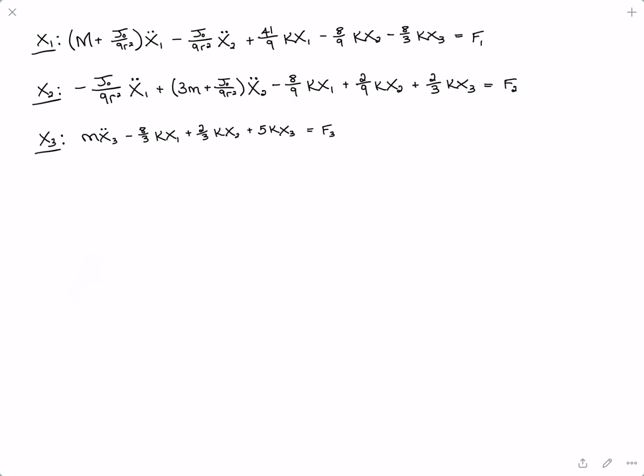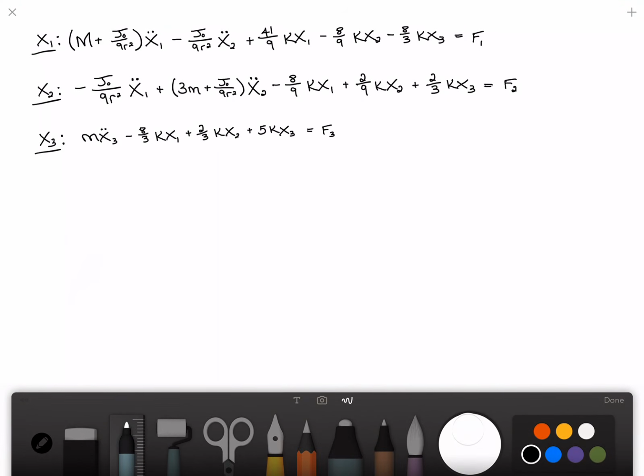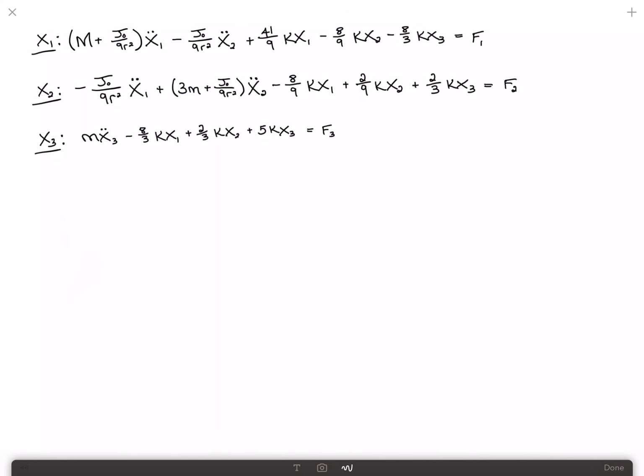Okay. So what I've done here is I've just copied the equations of motion from the previous page. And now in order to write this in matrix form, we can write it as m plus j0 over 9r squared. This is minus j0 over 9r squared. And this would be a 0.